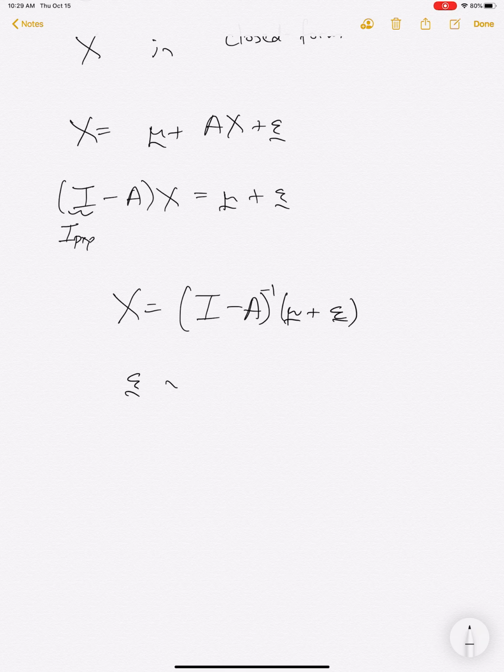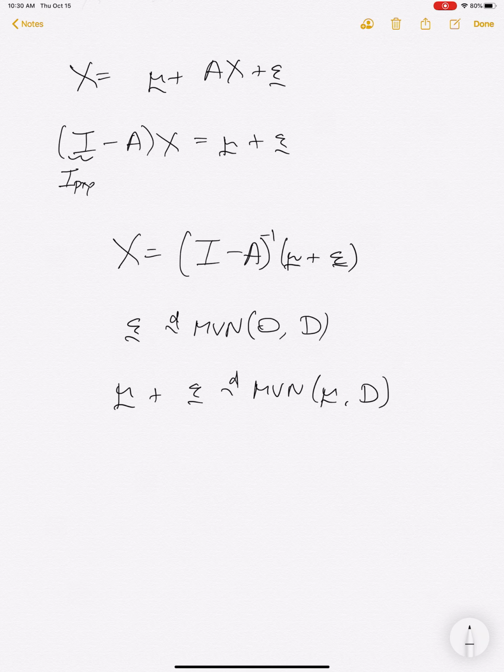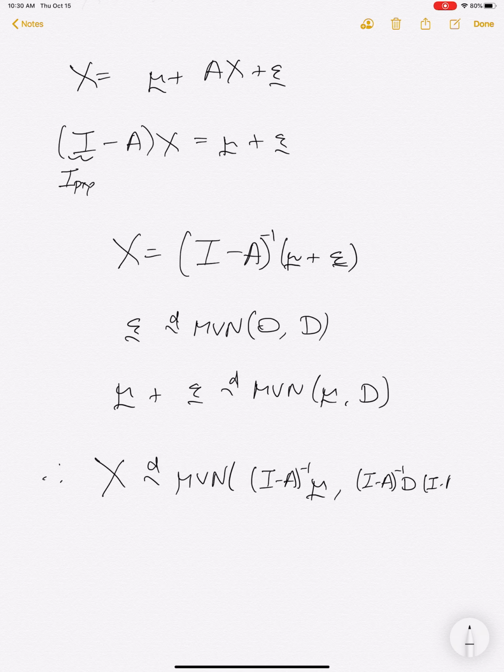Then we have that epsilon is multivariate normal with mean 0 and covariance D. So mu plus epsilon is multivariate normal with mean mu and covariance D. So x is going to be distributed as multivariate normal, with mean (I minus A) inverse mu, and covariance (I minus A) inverse D (I minus A) inverse transpose.